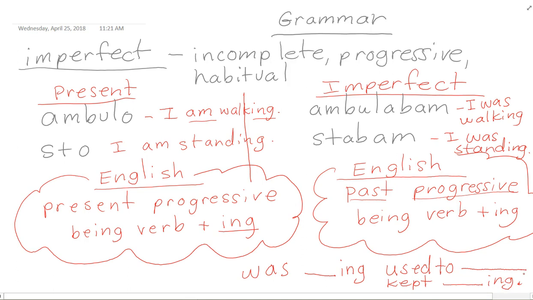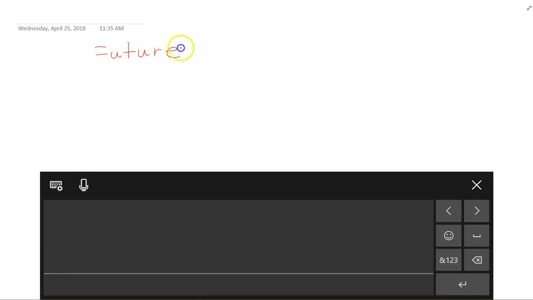Now let's look at the future tense for a moment. Leave the imperfect and see the future. If we have the Latin word amabo with a future tense ending, in English, I will love, or I will be loving.